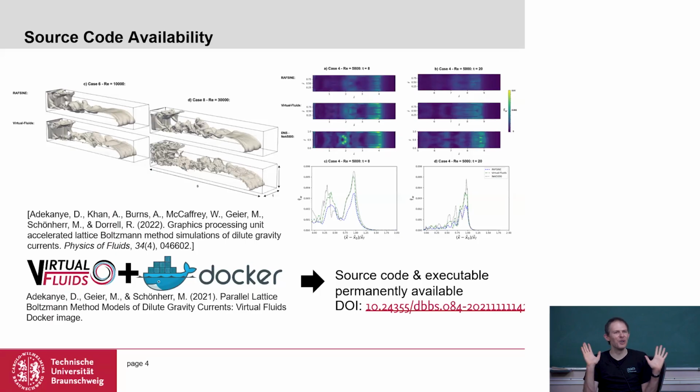That's the hope. We don't know. Let's see. So for example, this Docker image here, that was in that particular paper, you can download and check whether you can reproduce these gravity flows that we have been simulating with it.